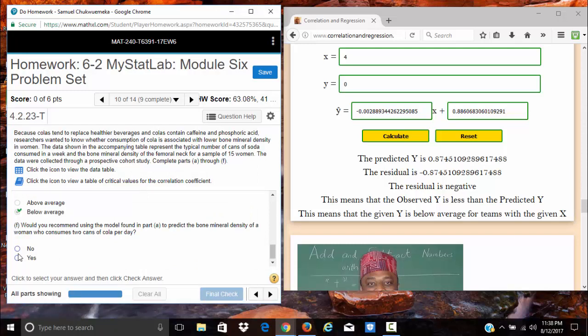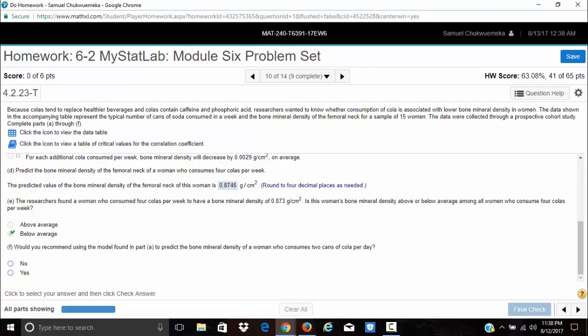Would you recommend using the model found in Part A to predict the bone mineral density of a woman who consumes 2 cans of cola per day? Let's look at this question again. It says cans of soda consumed per week.